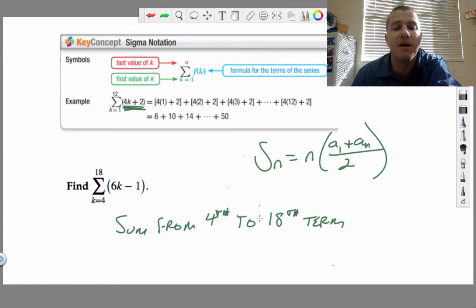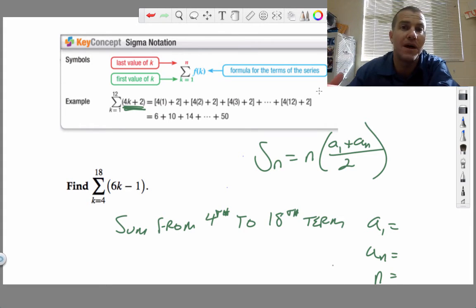So in order to find the sum of all those terms, I need to find what the first term in the series is, what the last term in the series is, and I need to know how many terms there are. This can get a little confusing because this A1 is referring to the first term of the series that you're adding. So it's not plugging in 1 for the equation, which would give you the first term from the sequence.